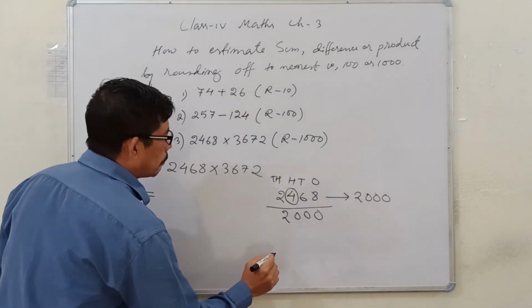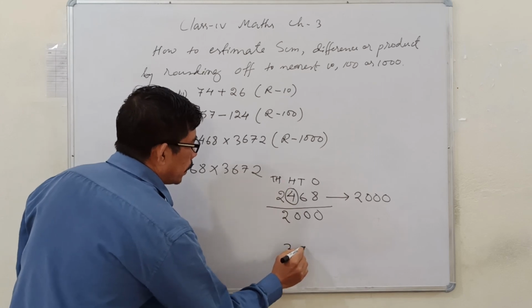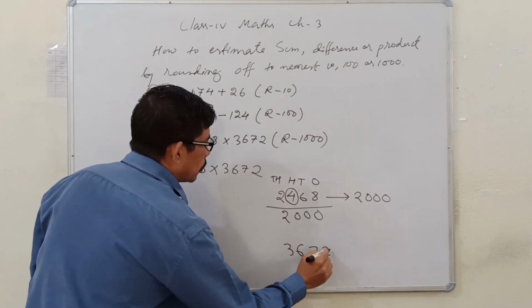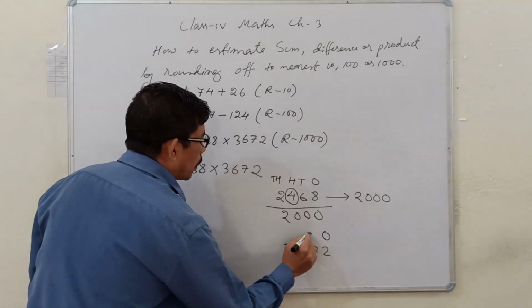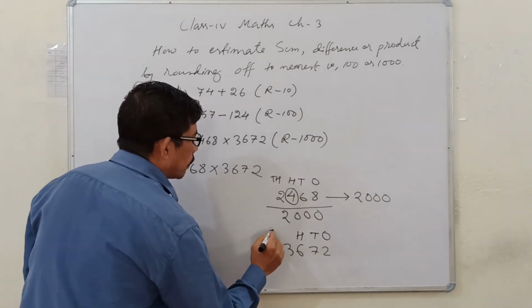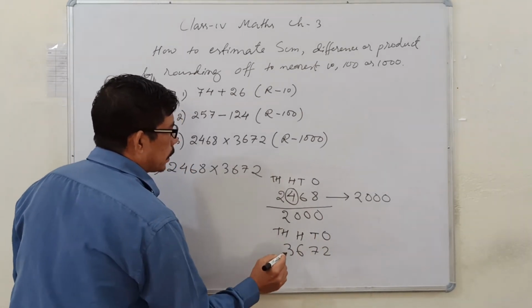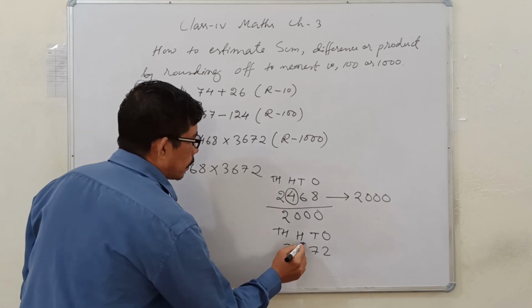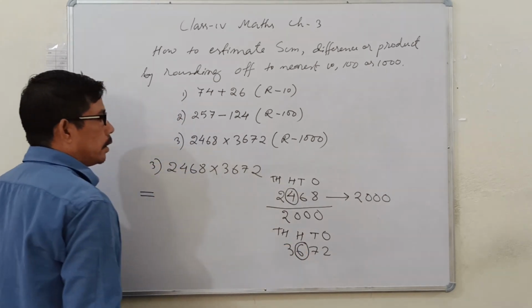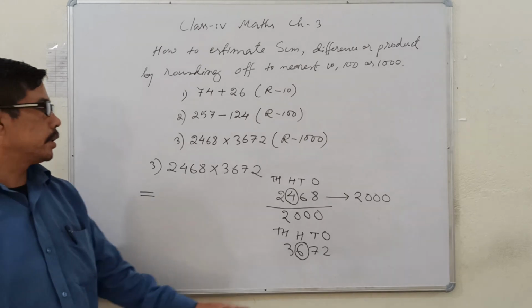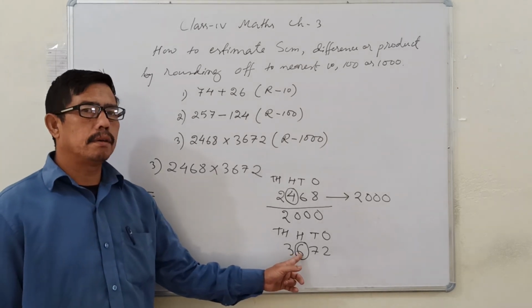Then come to the next number, 3, 6, 7, 2. So write the places 1, 10, 100, 1000. Here nearest 1000, we'll see the digit in the hundreds place, which is 6. So this is not less than 5.